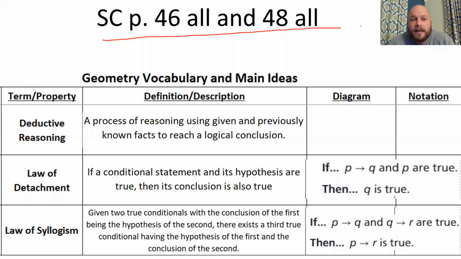Like I was saying, these are the 3 vocab words again. If you want to pause this video, you can leave that up so that you can copy them. The other part of this, again, the assignment, page 46 and 48, you're doing the whole thing. It might take you the class period, it might not, but just make sure you have it done when I check it off tomorrow.